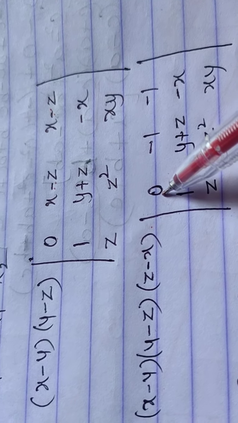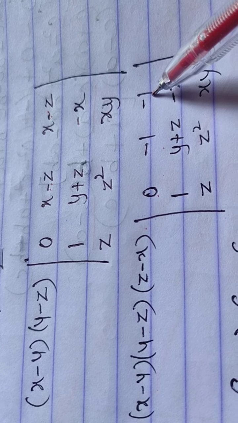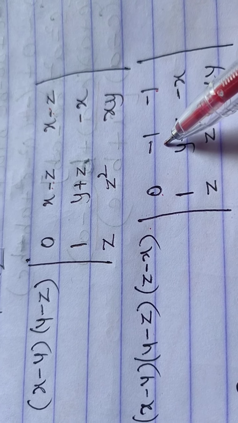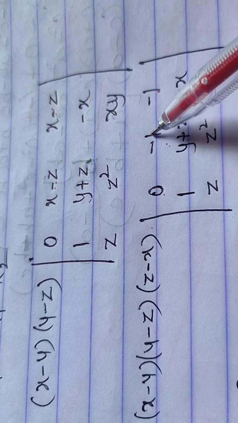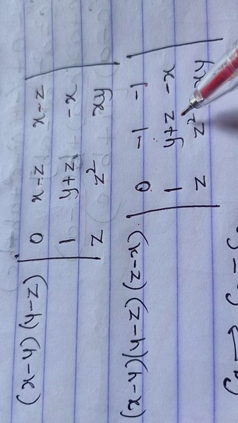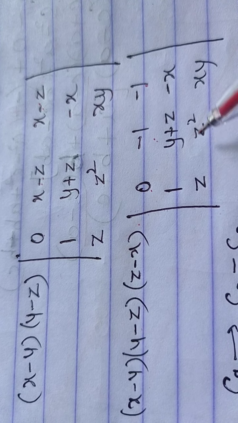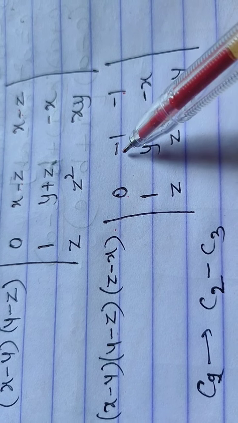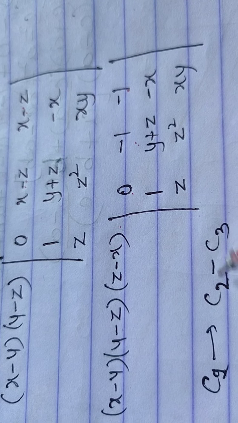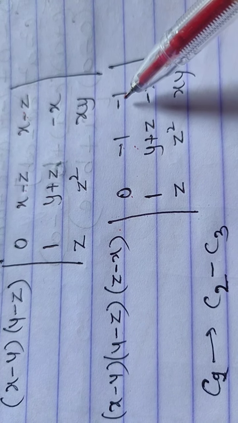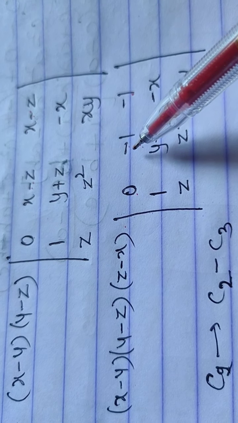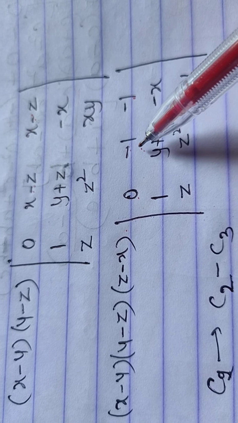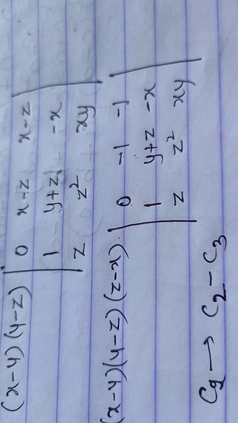Here because we have taken z minus x common, we have to write minus 1. So the first row is 0, minus 1, minus 1, then 1, y plus z, minus x, and z square, xy. Now either you expand this, or do c2 changes to c2 minus c3, so as to get 0 here. Minus 1 plus 1 gives 0, and the calculation will be easy.